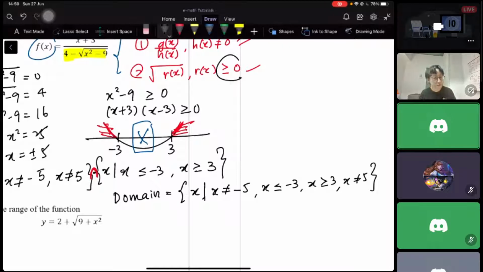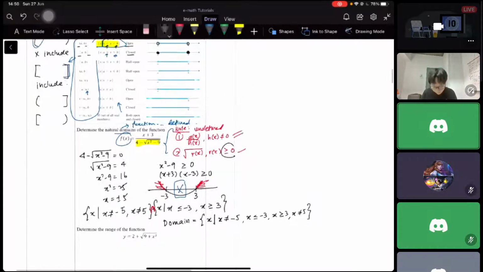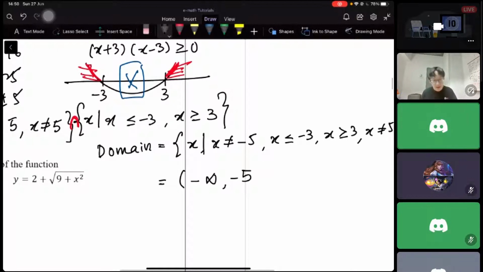This is one way of writing it. You can also use this square bracket and round bracket way by writing the domain is from negative infinity, and don't include negative infinity, to negative 5. Can you include negative 5? Cannot, so write a round bracket.